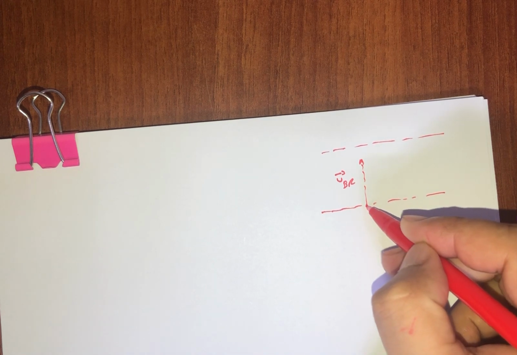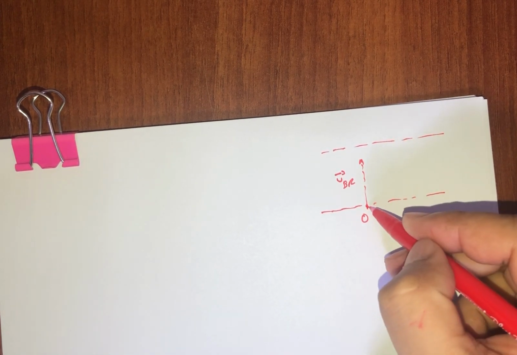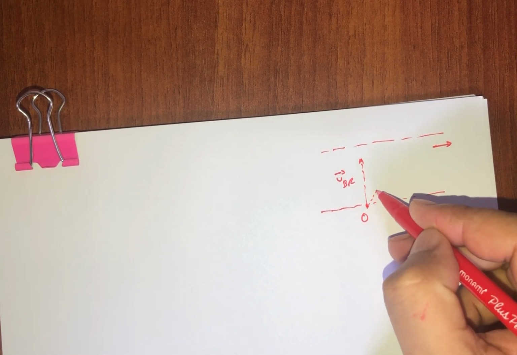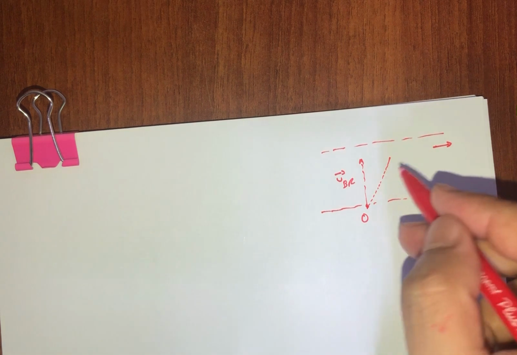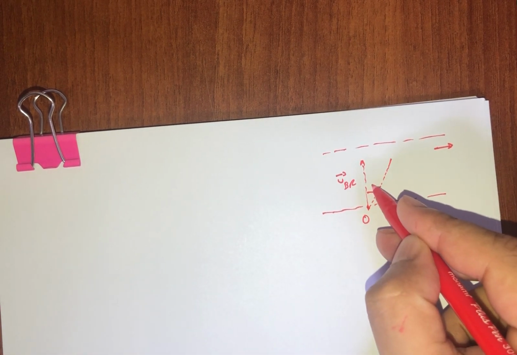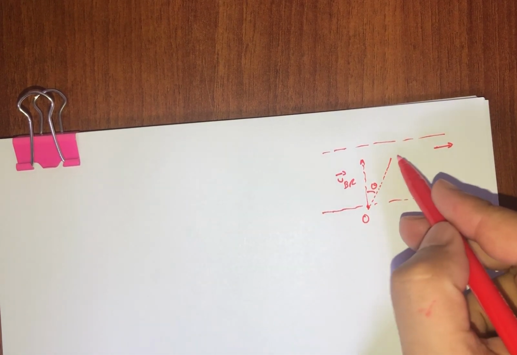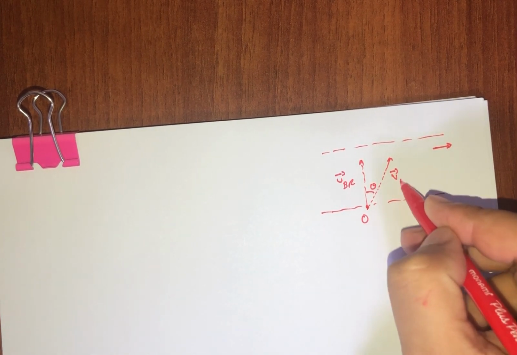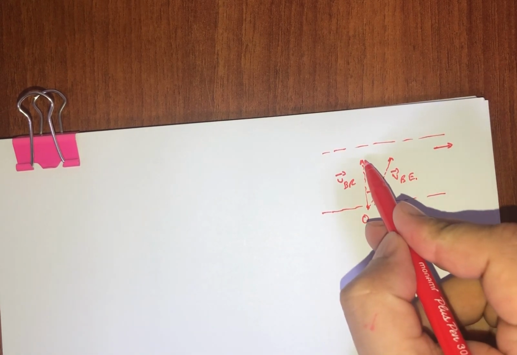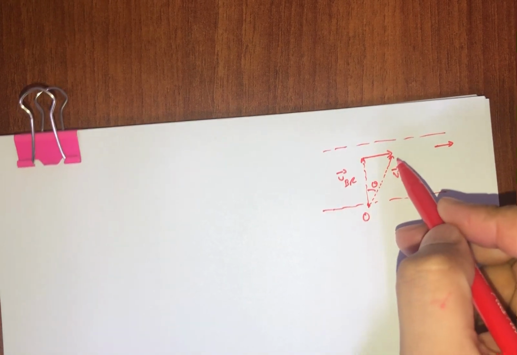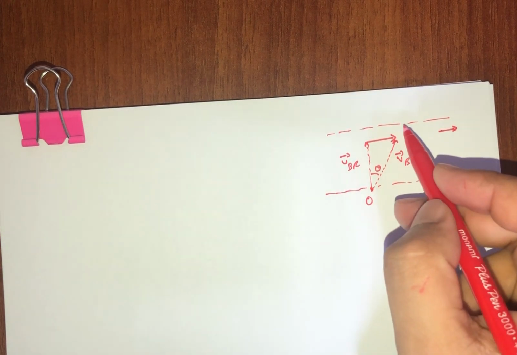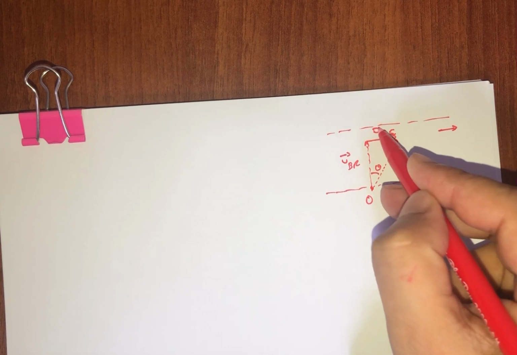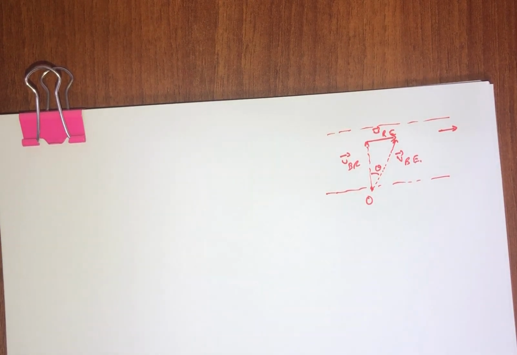Suppose this is point O, but because of the flow of the river in this direction, the boat tends to travel at an angle theta with respect to the speed in this direction. So this is the velocity of the boat with respect to earth, and we have the velocity of the river with respect to earth, which we are going to call VRE. So this is the basic diagram for the first part, A part.